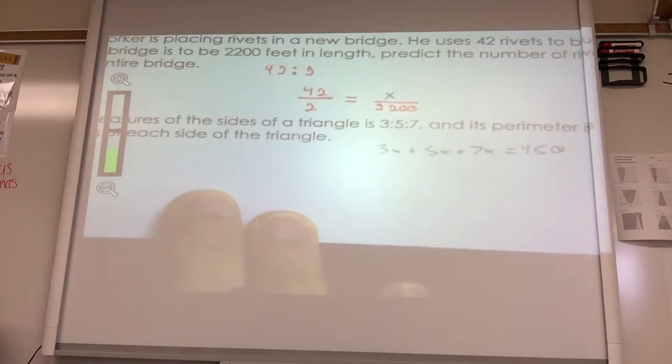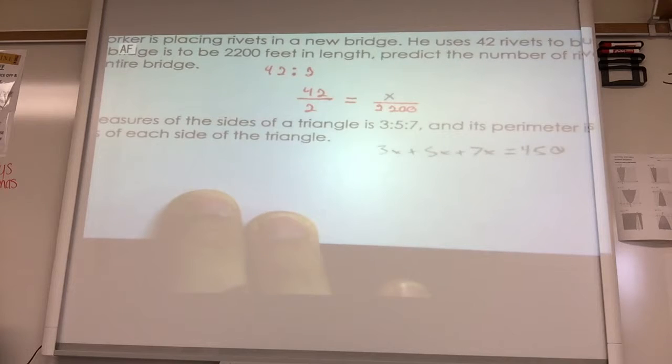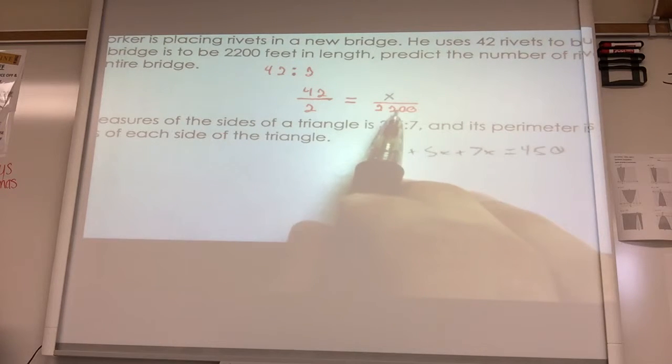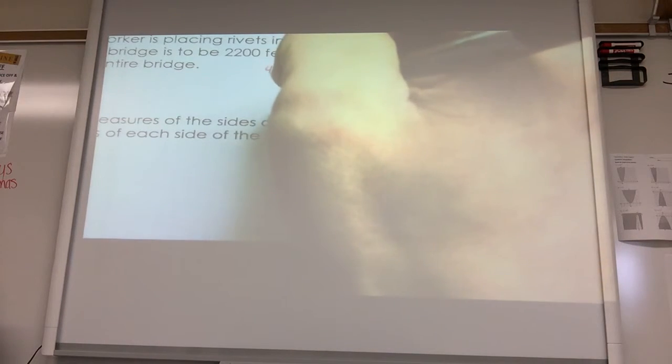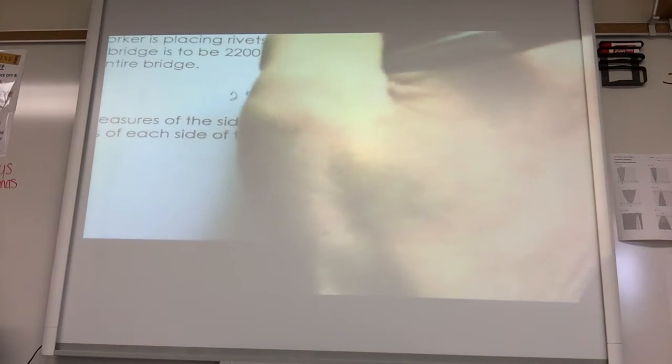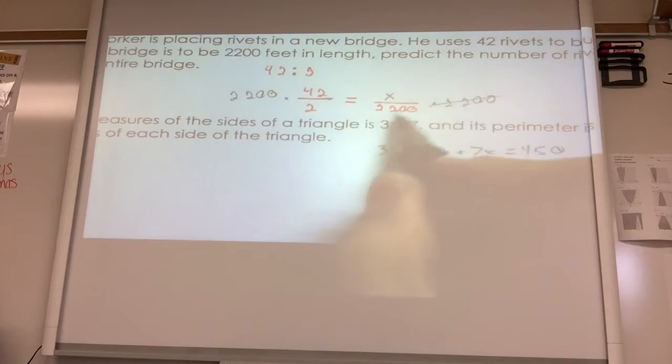So how would I solve for that x? X is being divided right now, isn't it? Divided by 2,200. So how do you get rid of divide by 2,200? Yeah, so multiply by 2,200. And if I do that to one side, I have to multiply the other by the same. Right? So this cancels with this, so I've solved for x.